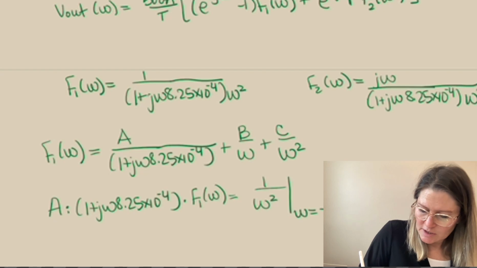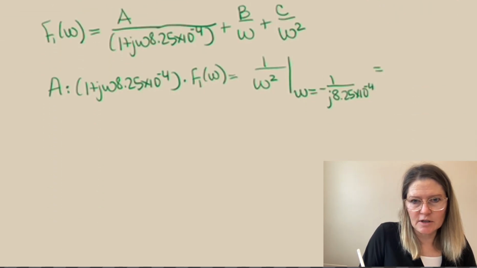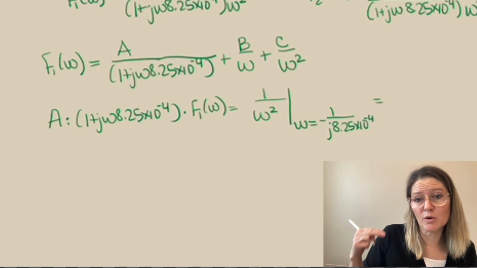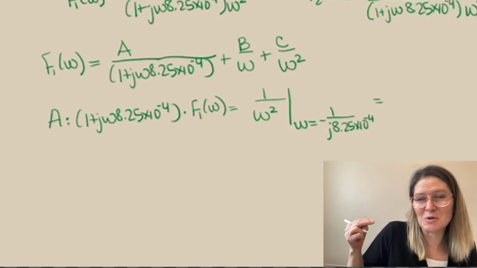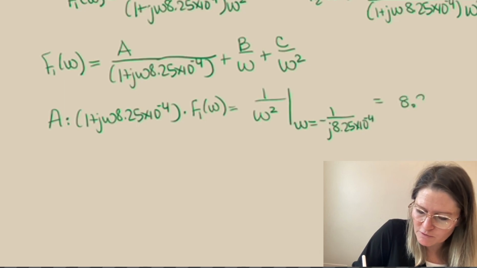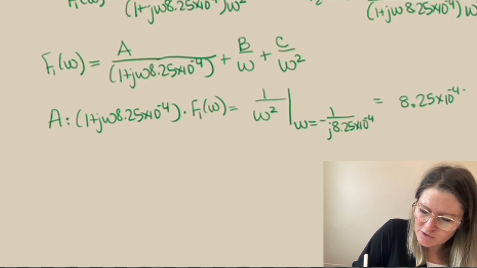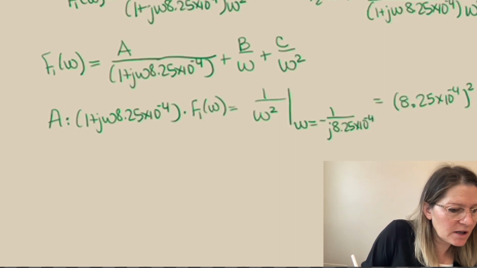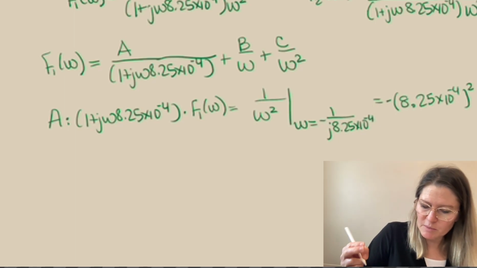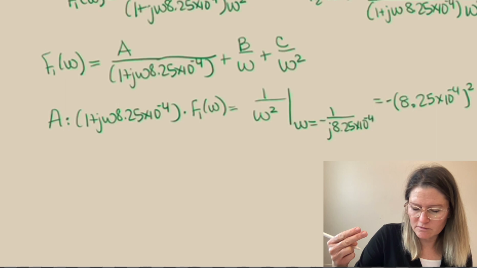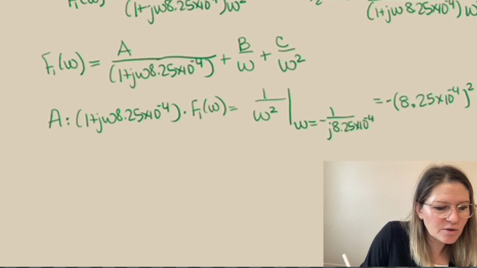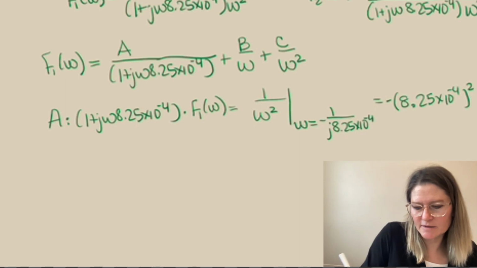The minus goes in, and then the squared is going to cancel it. So 1 over 1 over 8.25 times 10 to the minus 4th brings that up to the top. So that's going to become 8.25 times 10 to the minus 4 squared. And it's going to be a minus number, because j squared is a minus.